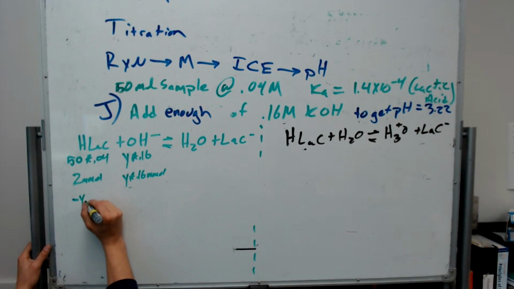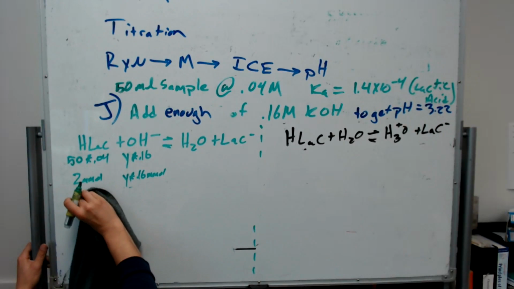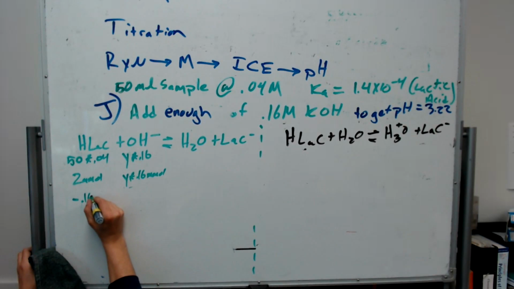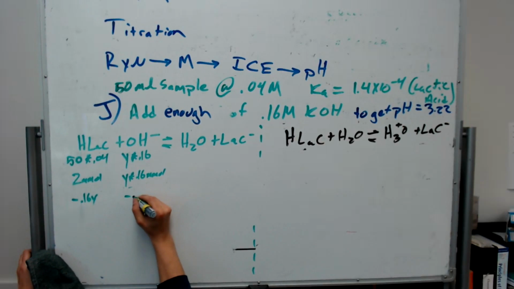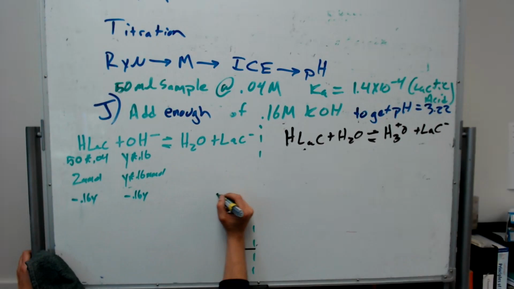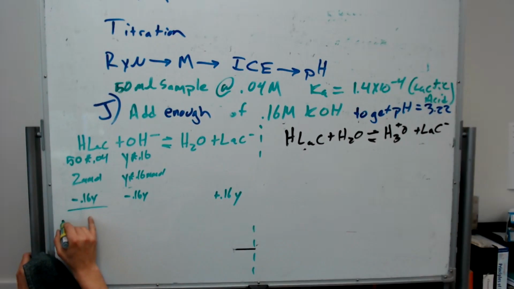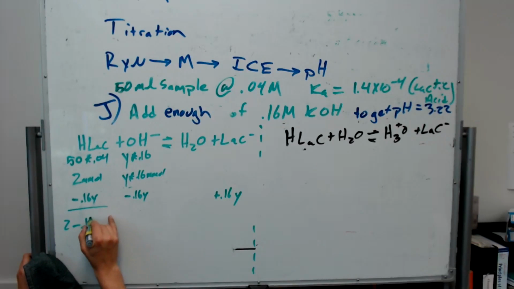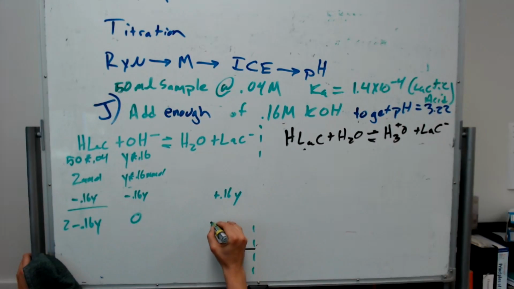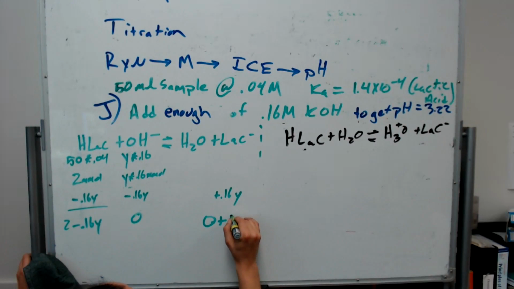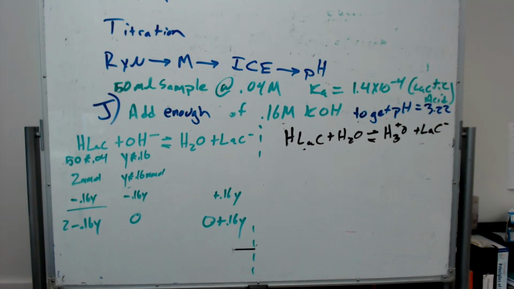So I'm going to have minus 0.16Y, minus 0.16Y, and plus 0.16Y. That gives 2 minus 0.16Y, 0, and 0 plus 0.16Y.